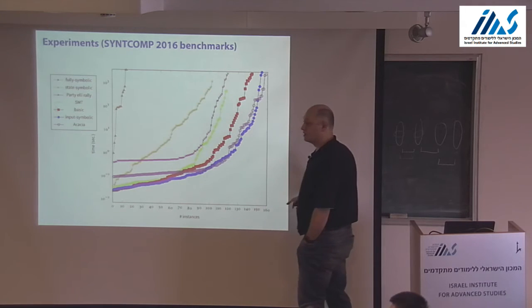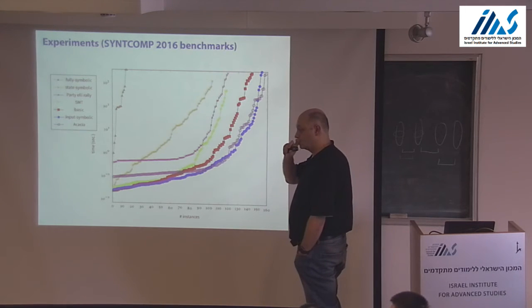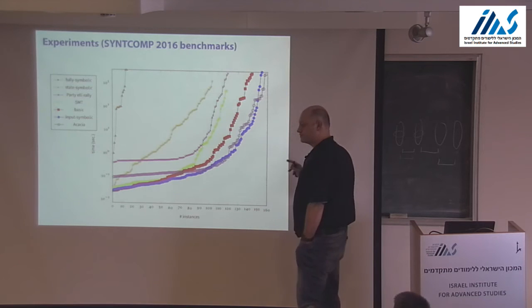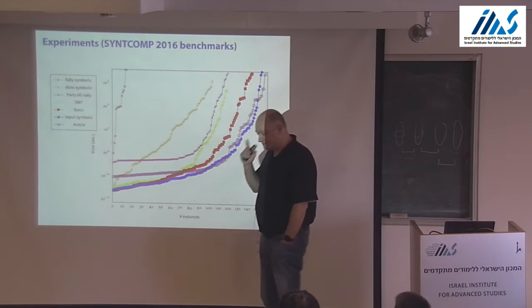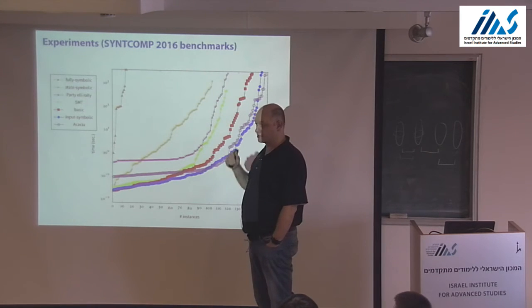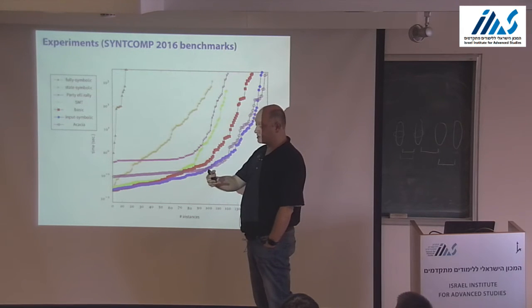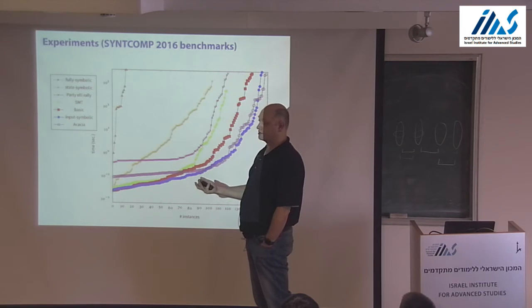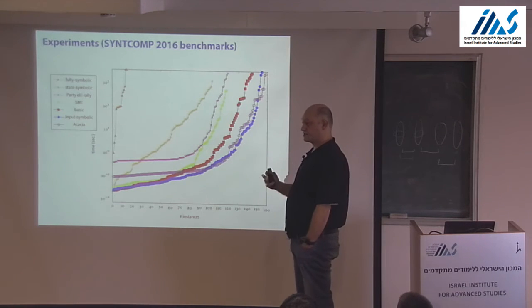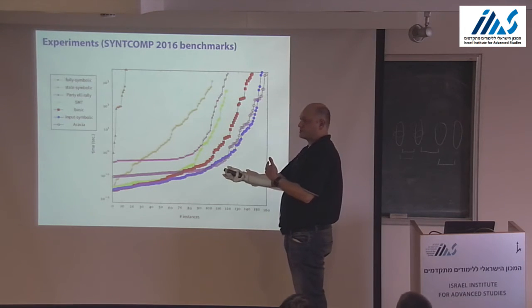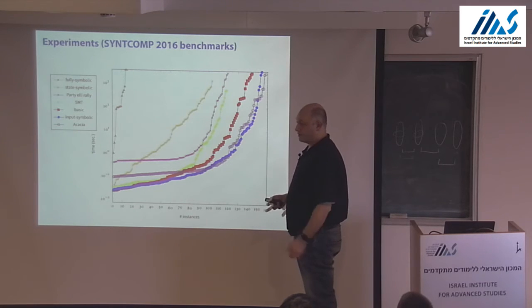What does it mean? Because Acacia is an unbounded synthesis tool, and now we're running bounded synthesis. Actually, Acacia also uses a bound, just not as a bound on the number of states, but as a way to reduce the liveness condition to a safety condition. So that bound also corresponds to the size of the transition system.